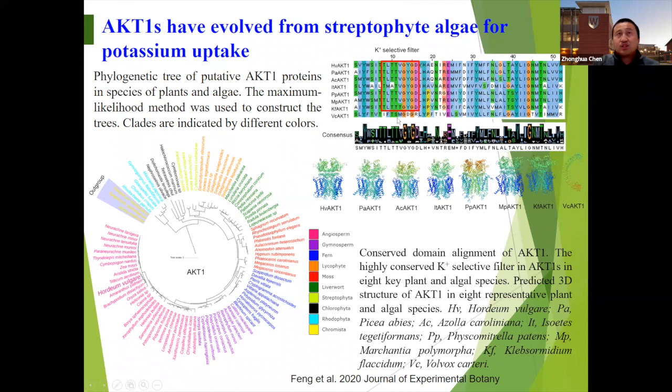But this was not identified in a chlorophyte algae. So we propose that potentially HvAKT1 originated from streptophyte algae.